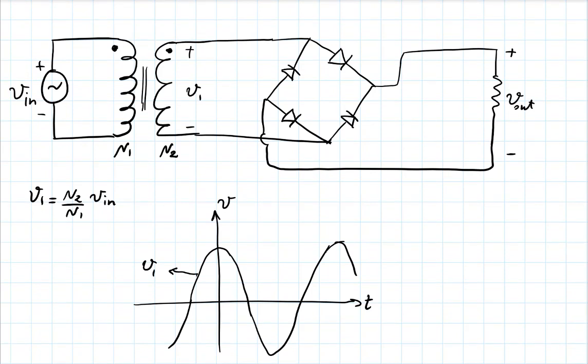Say again? Yeah, so the output will actually take the negative side and invert it. So it will have the full cycle. Let's look at how this happens.